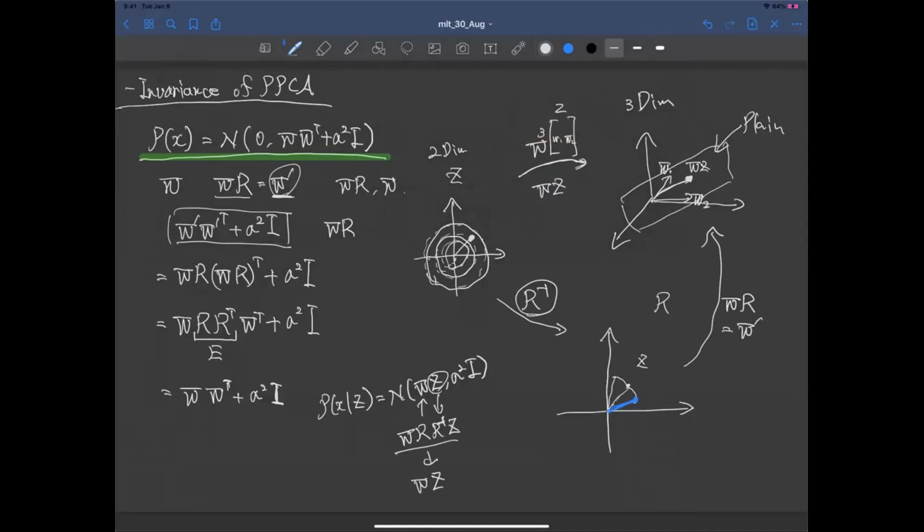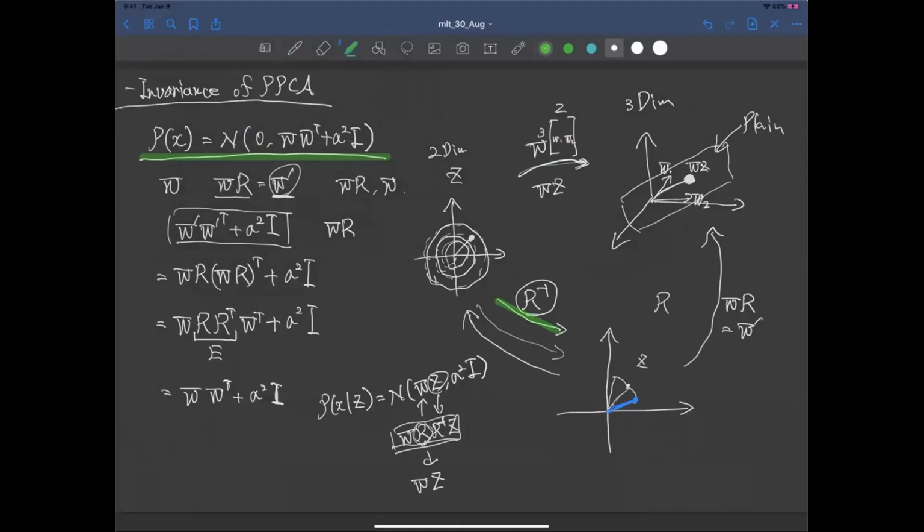Also, you can see this as transforming by R inverse, then R gives it back to the original, then W, then the same point. So that's how it works.